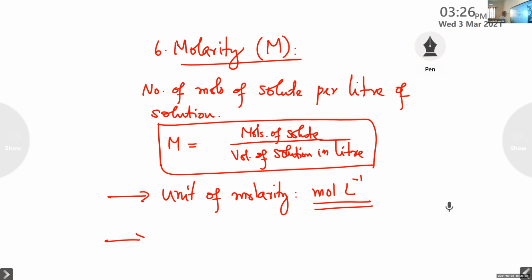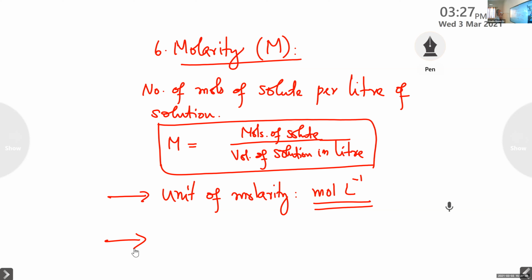Then, there is a problem with molarity. See, in the numerator, there is number of moles. Mass by molar mass. That is number of moles. But in the denominator, there is volume. Volume will change with the temperature.